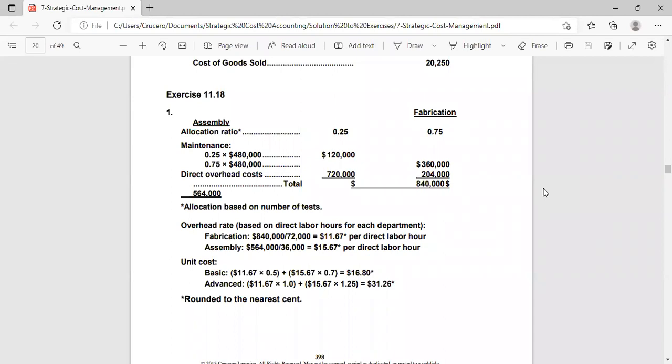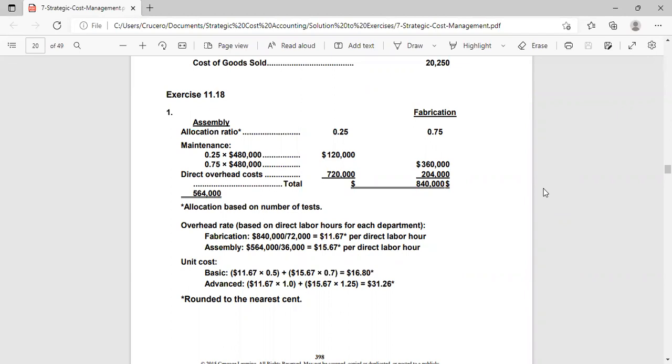Workers within each cell would also be trained to perform monitor testing. The total direct overhead cost estimated for each cell would be 228,000 for the basic cell and 720,000 for the advanced cell.